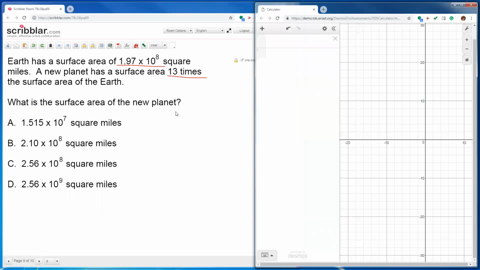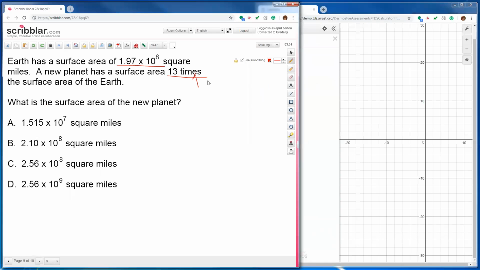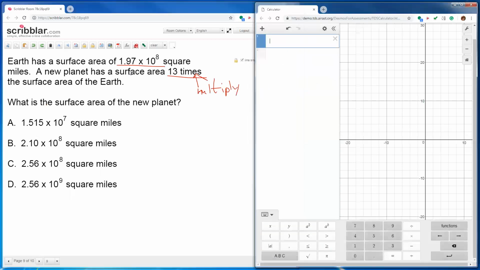Looks like multiplication you're going to be doing for both. Exactly. Since it says the word times, that means multiply. So when you type in this scientific notation, 1.97 times 10 to the 8th, that's what we need to learn to do on the calculator.